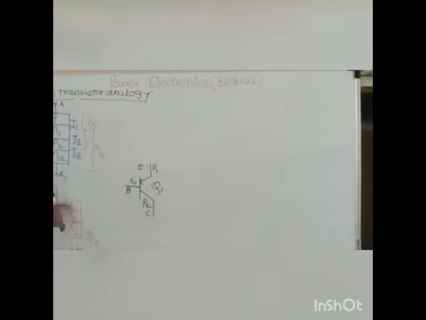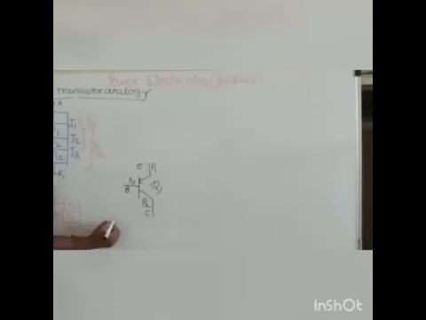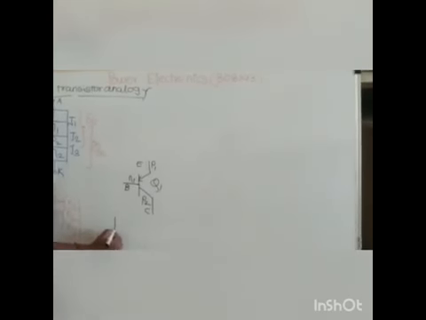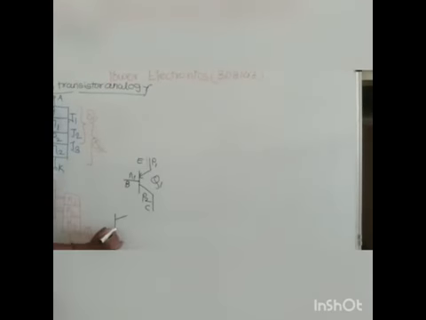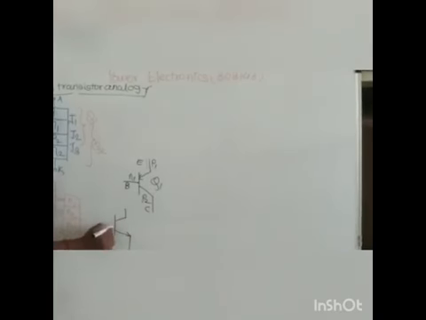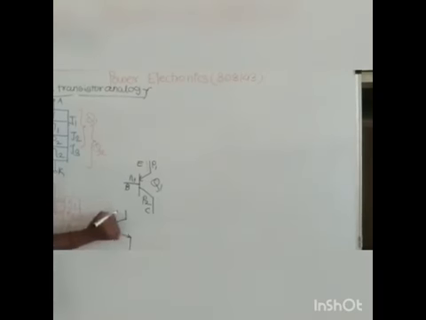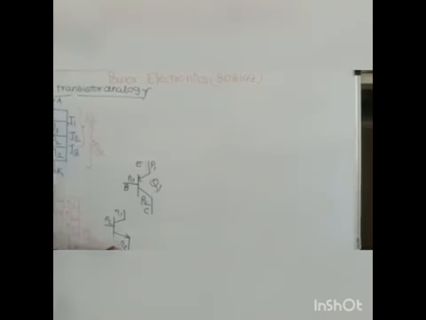Now I will draw the second transistor, that is Q2 transistor. This will be the second transistor, NPN. Here N, that is N1, P2, and here N2.